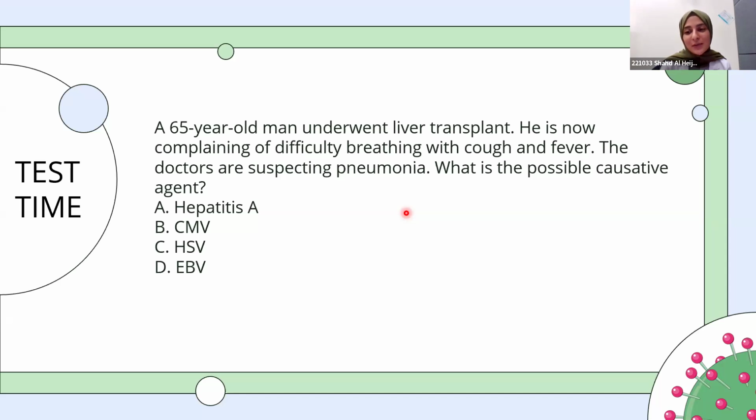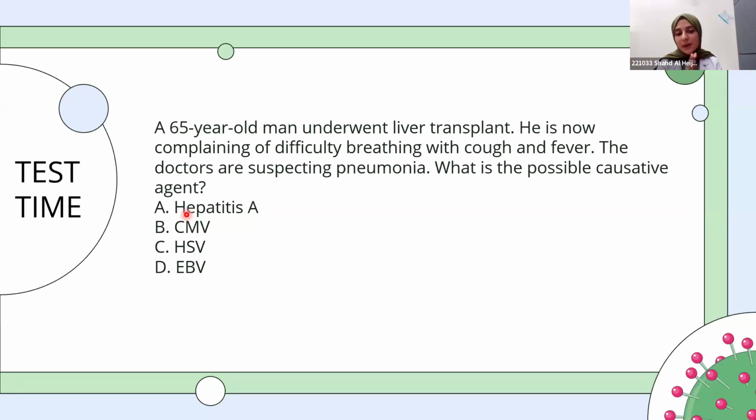Okay, whoever said B, yes, you're correct. Basically, we said CMV, cytomegalovirus, is usually, yes, okay. We're not talking about rejection exactly, but transplant is the keyword. So CMV is usually a contained infection, so basically it does not cause a major infection or major presentation.